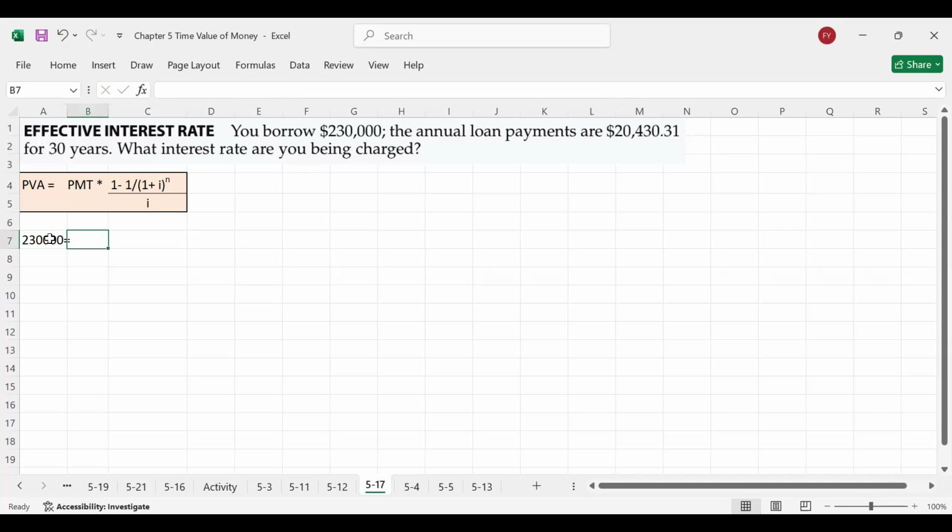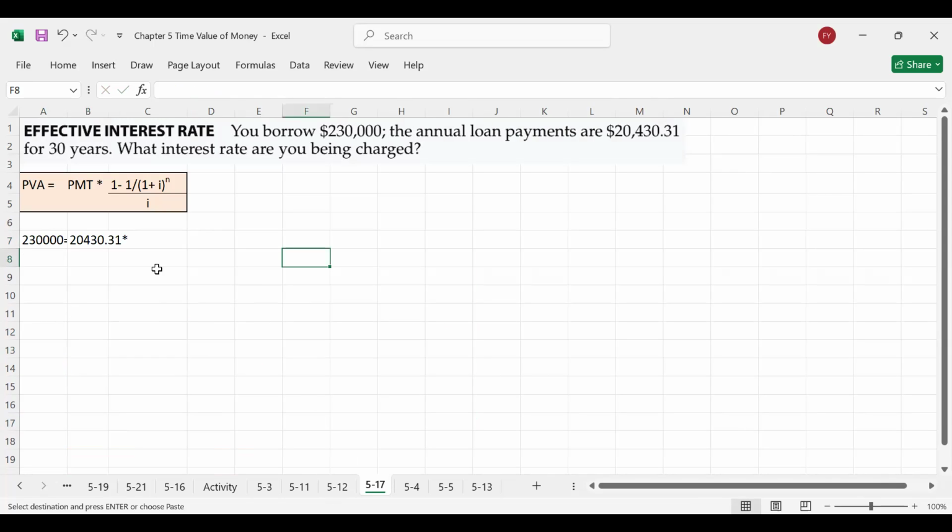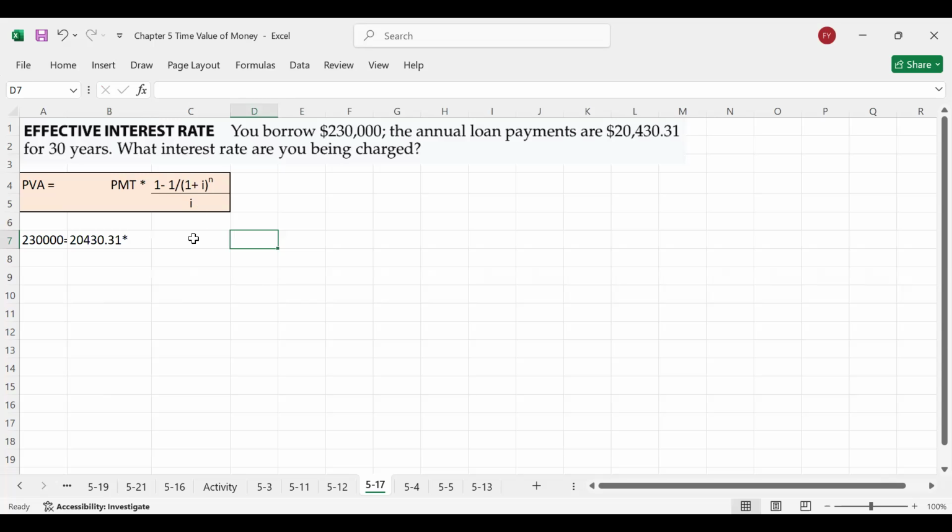On the other side, payment is 20430.31 multiplied by this complete factor. Which factor? This one. So we cannot solve it in a very simple way. That's why we are using the factor table.